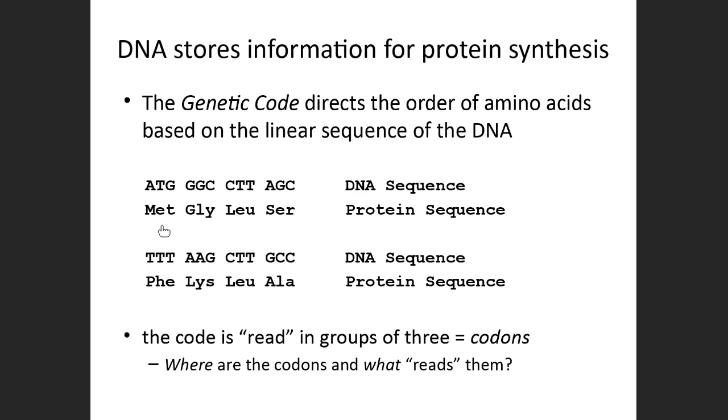And so it limits us in a way that now we don't have 4 possibilities. Now we have these 64 possibilities of different words. Now, the cool thing is that that's one way to read it. If you start at nucleotide 1 and you go 1, 2, 3, then that's a word. But if you start at nucleotide 2 and go 1, 2, 3, so if you start at A and go ATG, you get methionine. But if you start at T and you go TGG, that's something completely different.